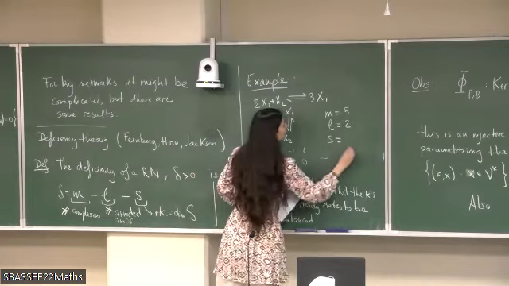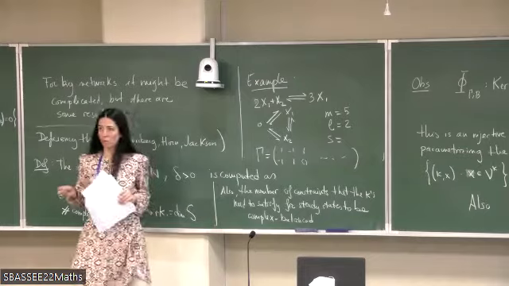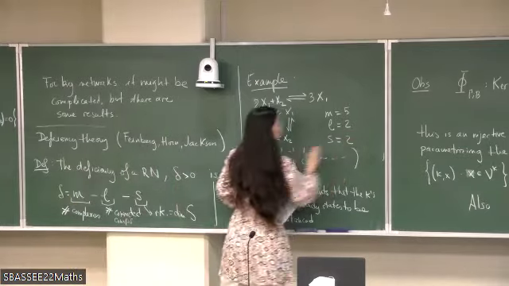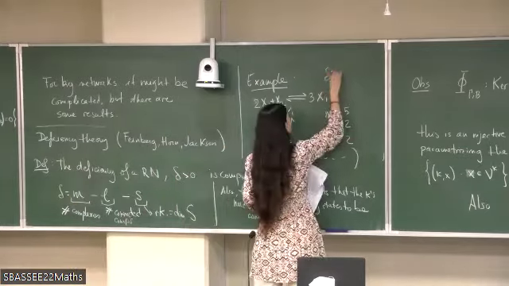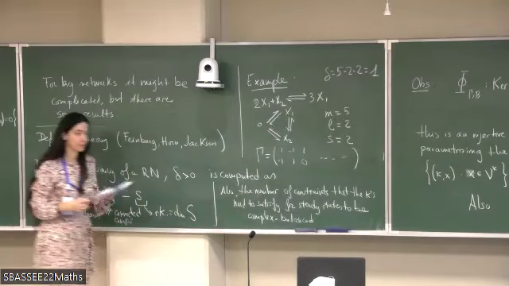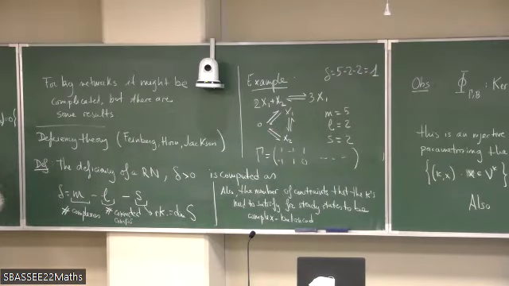I could continue, but I can see already that this has rank 2. So the deficiency of this network is 5 minus 2 minus 2, which is 1. I hope that illustrates that.